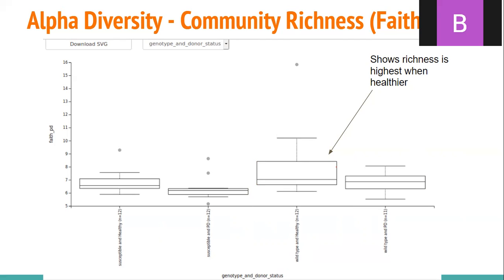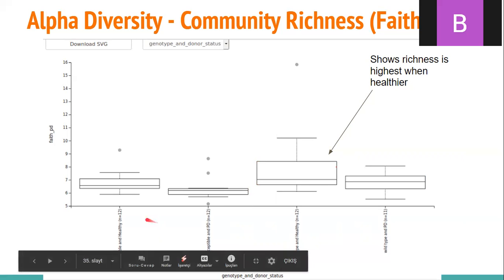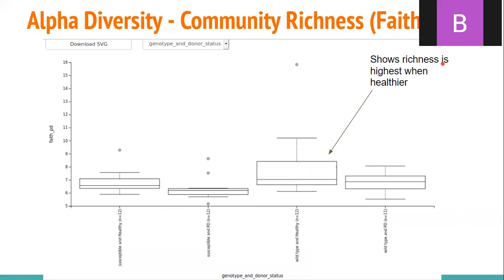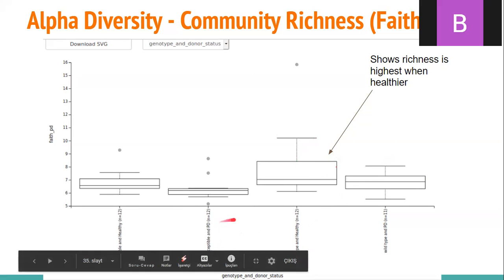Also, the lowest are the susceptible genotype and PD donor, which is what I mentioned, and this is what I mentioned for the highest one. This shows the richness is highest when healthier: wild type and healthy, susceptible and PD.